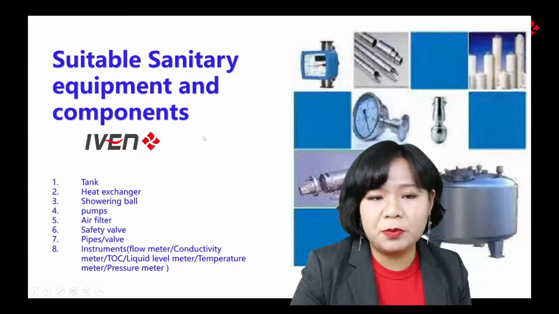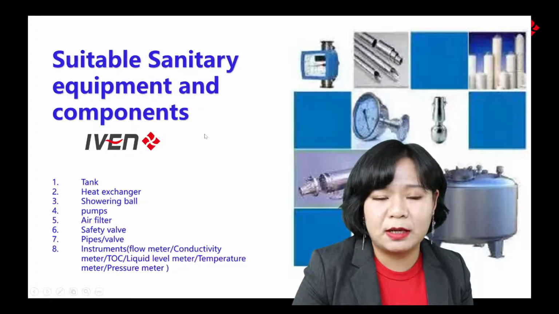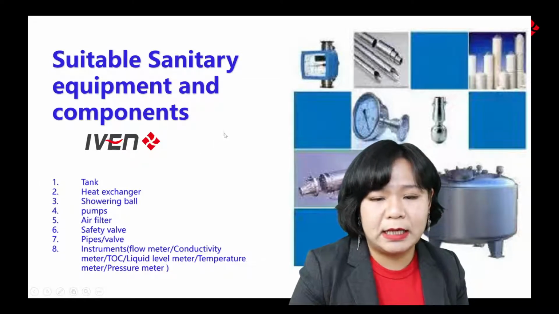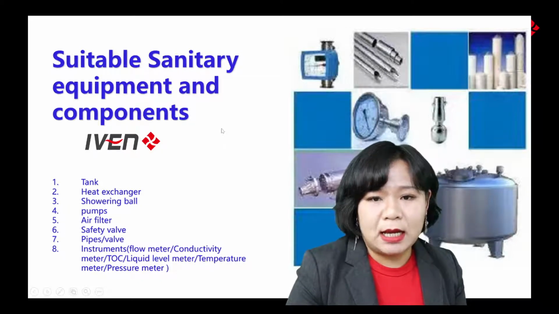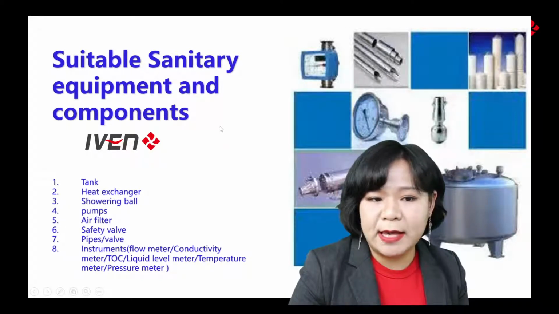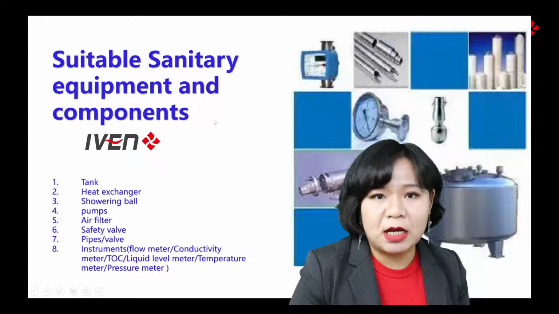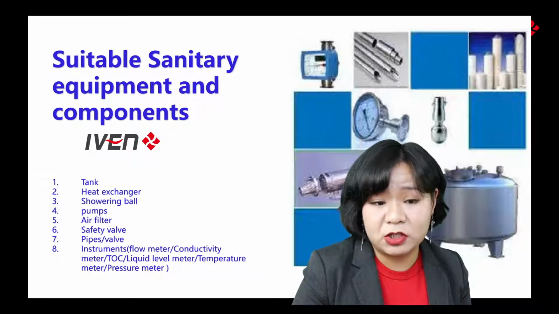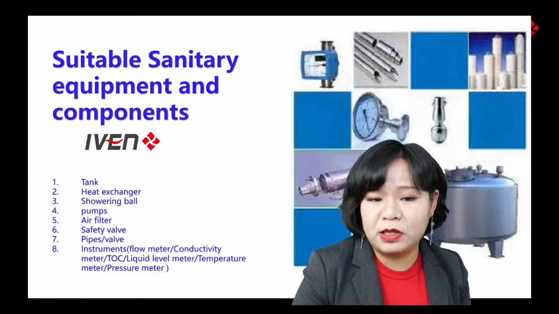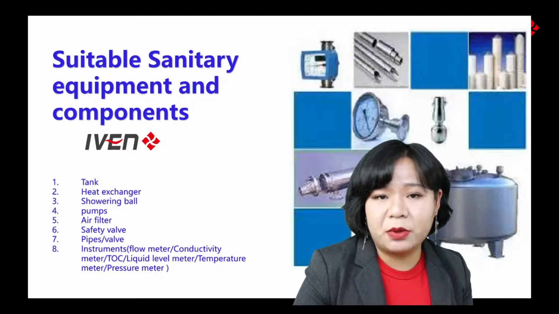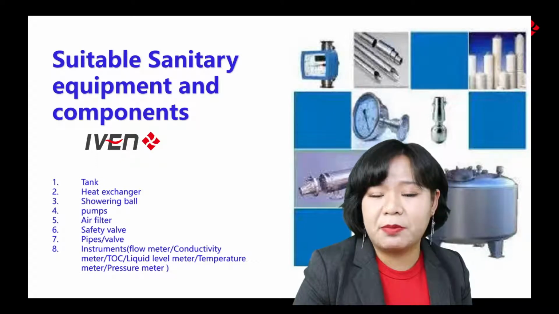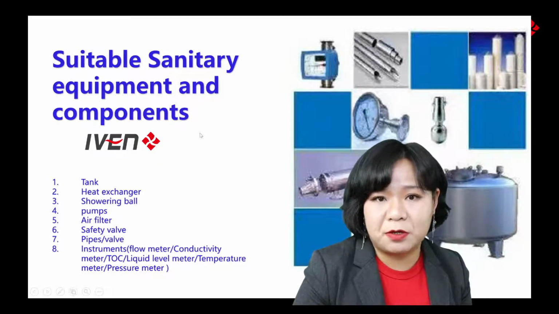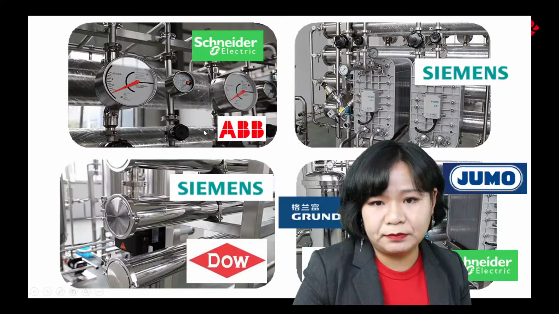Here are the suitable sanitary equipment and components we use in the water treatment, like the tank, heat exchanger, spray ball, pumps, safety valve, air filter, pipes, valves, and instruments like flow meter, conductivity meter, TOC detection, liquid level meter, temperature meter, and also the pressure meter.